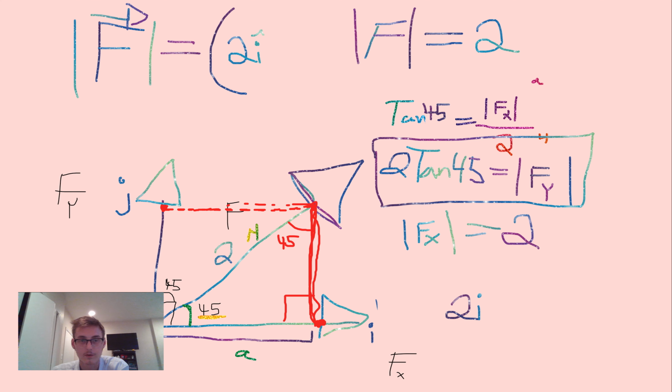I hat is our notation for a vector in the i direction. And then 2j hat is 2 in our y direction, and that is our y component. So this is your answer.